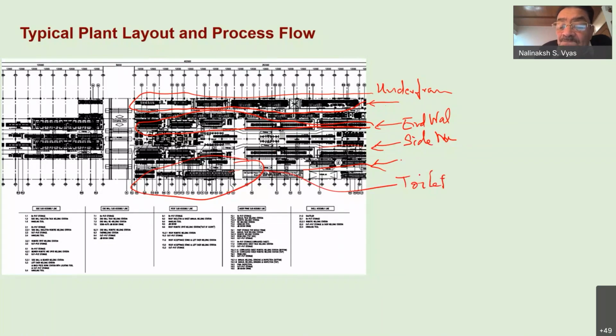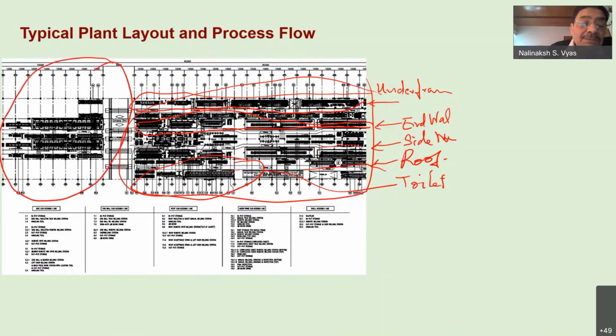Then roof. In total, there would be about 100 odd machining stations in this area, including machining centers, welding robots, etc. And once they travel from here to here, this is the assembly shop. This is where the assembly takes place.